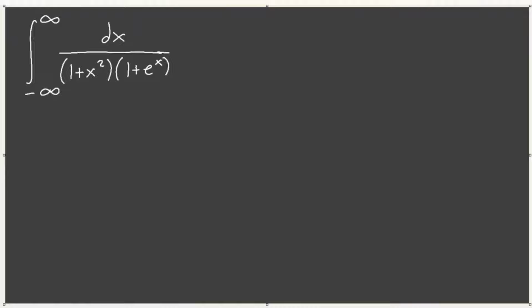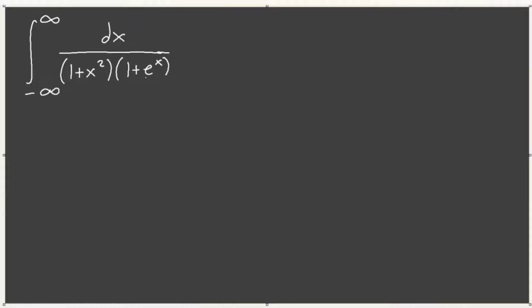Now this looks daunting. Don't get me wrong. We've got 1 plus x squared. Okay, maybe trig substitution. You might think, oh, let x equal tangent theta, with bounds from negative pi over 2 to pi over 2. But then we have this e to the x here. Huh.